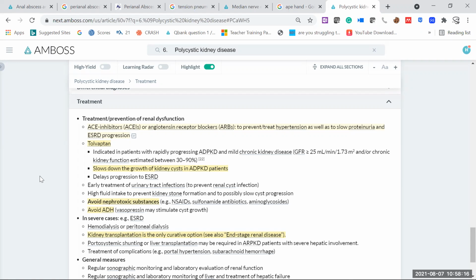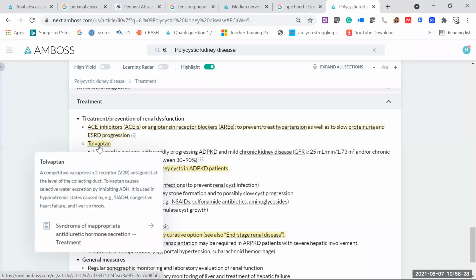Or maybe we can give tolvaptan, which is indicated in patients with rapidly progressing polycystic kidney disease associated with chronic kidney disease. The main aim of tolvaptan is actually, what? It's a competitive vasopressin 2 receptor antagonist.